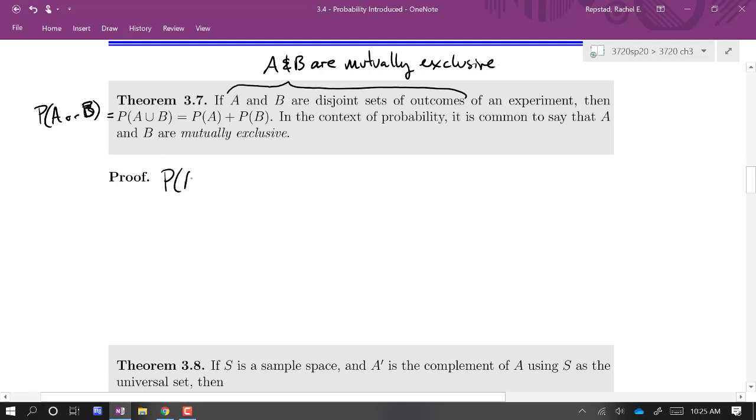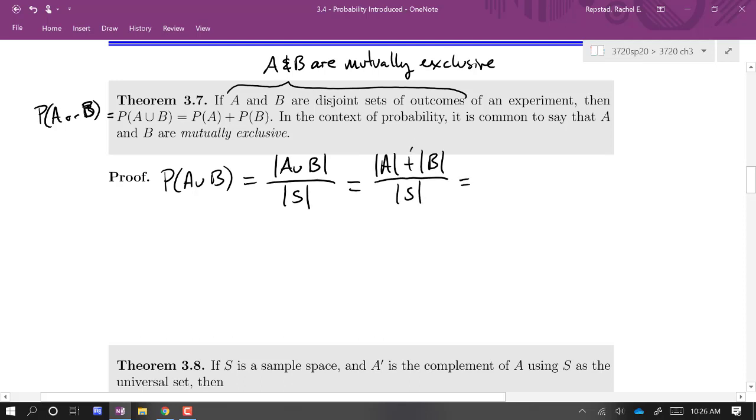So it'll take very little work to show this. We know from the definition of probability that this is the number of ways that A union B can happen, or the size of the set A union B, divided by the size of the sample space. And we know from counting before that if A and B are disjoint, then the size of A union B is the size of A plus the size of B. There's no intersection to subtract off.